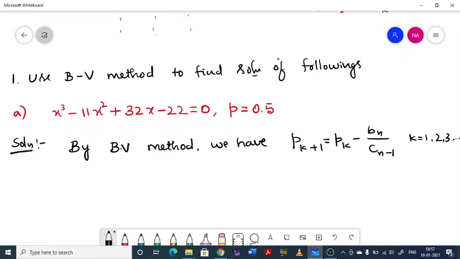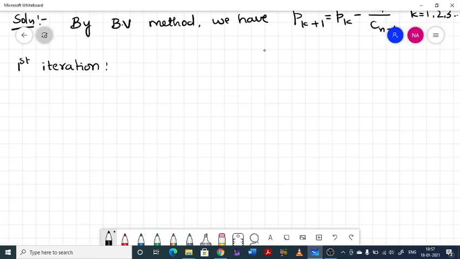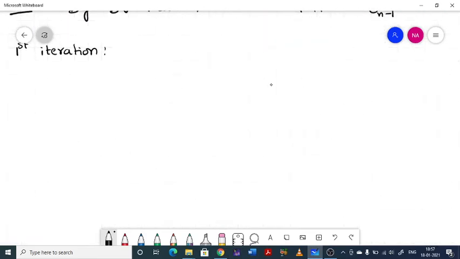Now first iteration: you have to use the initial approximation p equal to p0 equal to 0.5. Synthetic division method now.